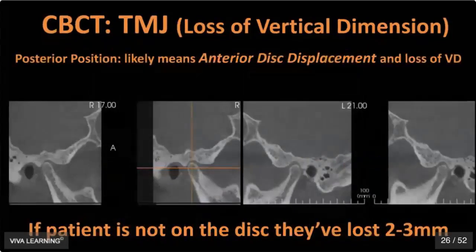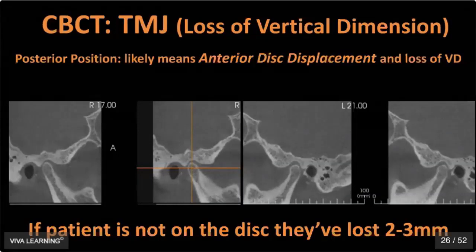I mentioned about the posterior position of the condyles. This is often seen in patients that have anterior disc displacement. Again, if the patient isn't on their disc, they've lost 2 to 3 millimeters automatically, which is the thickness of the disc. Now imagine the impact that that can have.